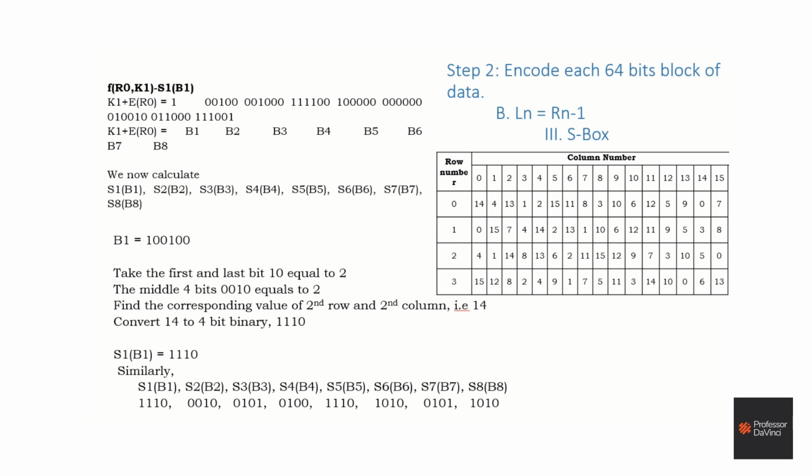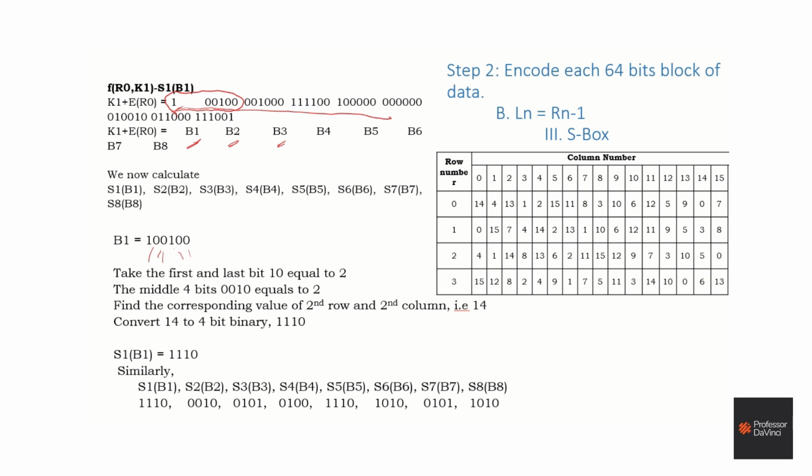Each group is termed B1, B2, B3, B4 and so on. For example, this is the first 6 bits, 100100.